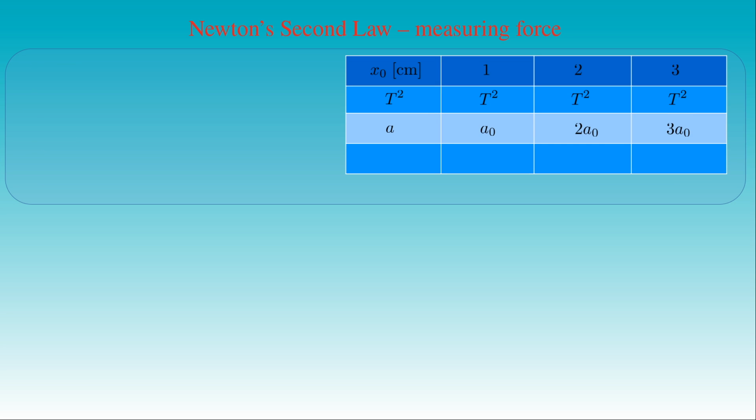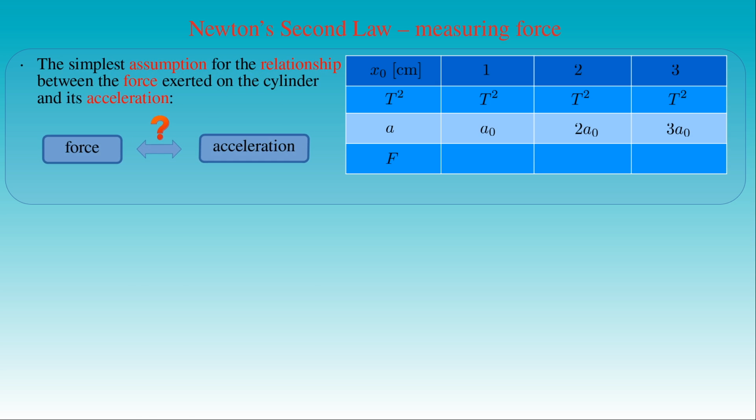If we want to determine the forces accelerating the cylinder, we can make the simplest possible assumption on the relation between the force and the acceleration produced by the force. Let us say that the force F0 acts on the oscillating cylinder at the maximum amplitude of 1 cm with the acceleration a0. Then the force of 2 times F0 will act on the body, when it has the acceleration of 2 times a0 at the maximum amplitude of 2 cm.